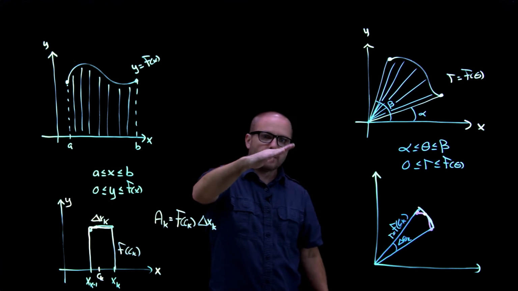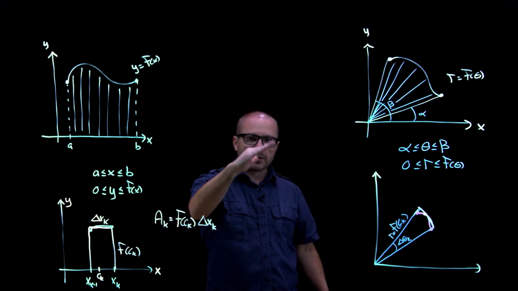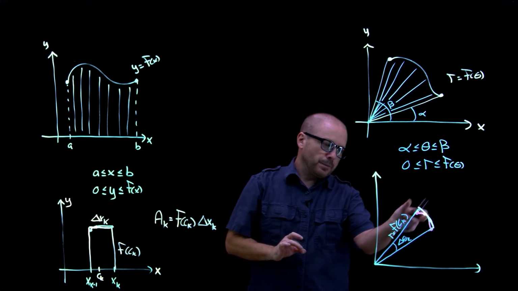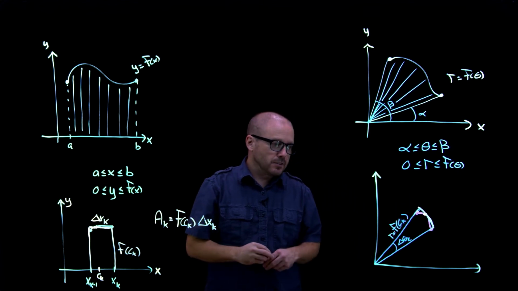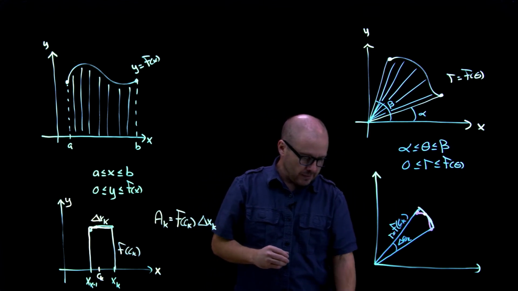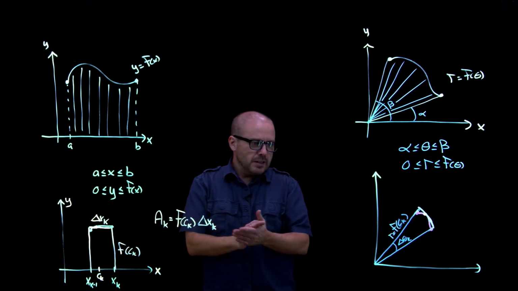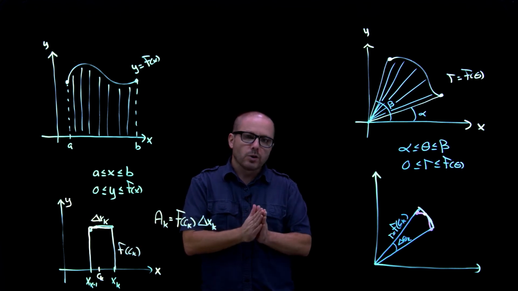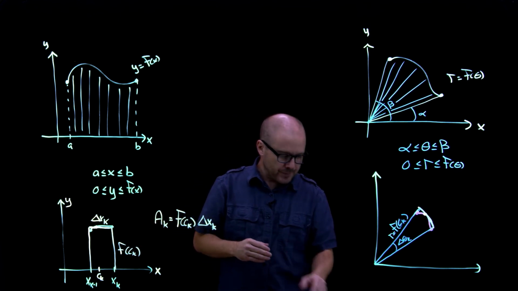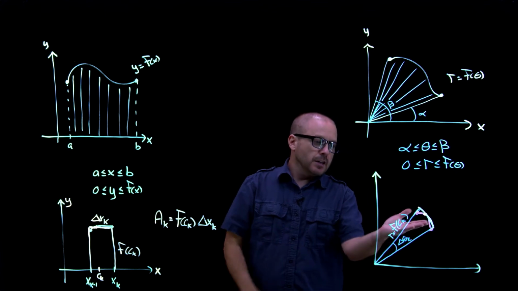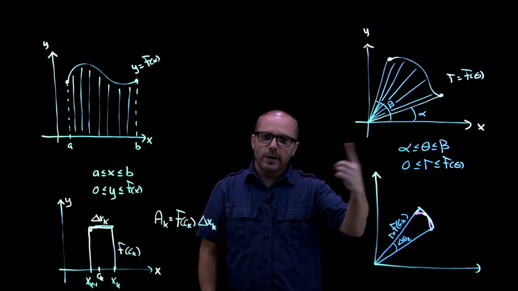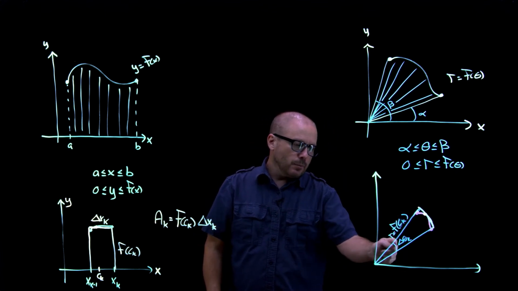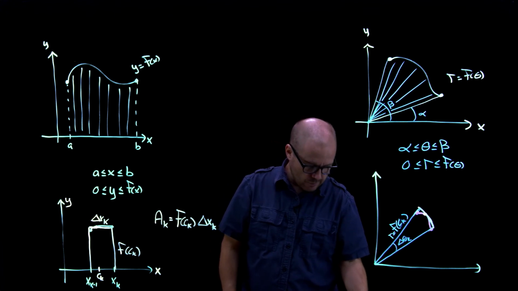As you sweep out a little bit of a circle, the area you get there describes a sector of a circle, or a pie piece. So what is that area? Well, it's just some portion of a circle, right? So what portion of a circle do we have? Well, if you went all the way around, the angle would be 2 pi. But we only have this much out of 2 pi.